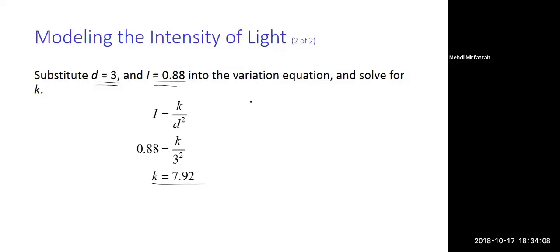Once I know k, my equation turns to I is equal to 7.92 over d squared. So I can solve for d or I if you give me one of them now. The next step is asking you to solve for I when d is equal to 2. So now I know all the information here, and you can solve for it.